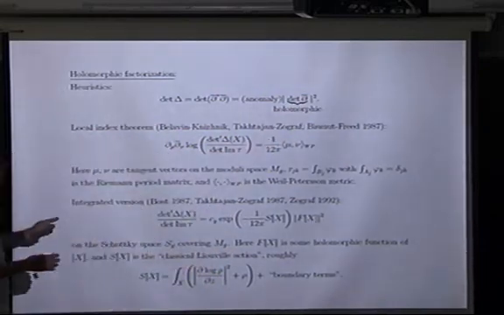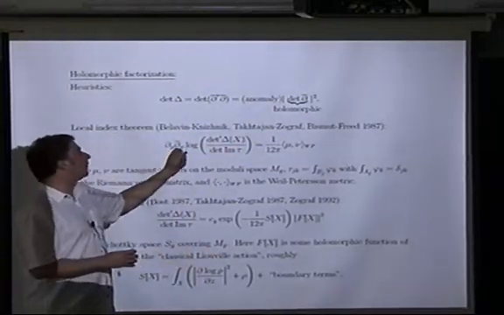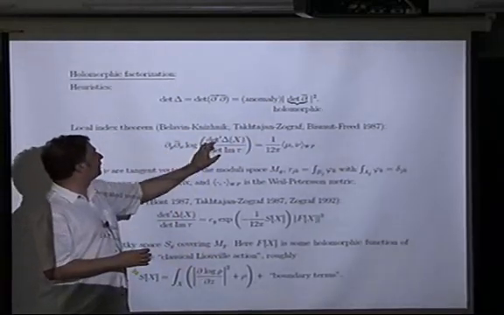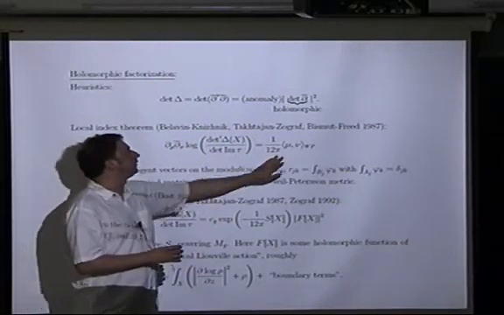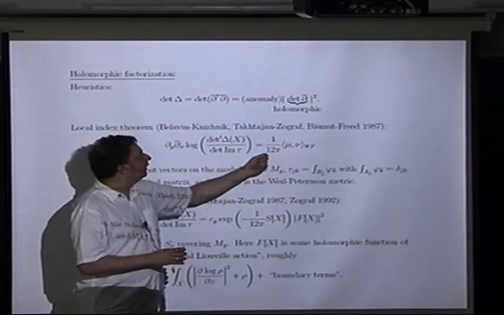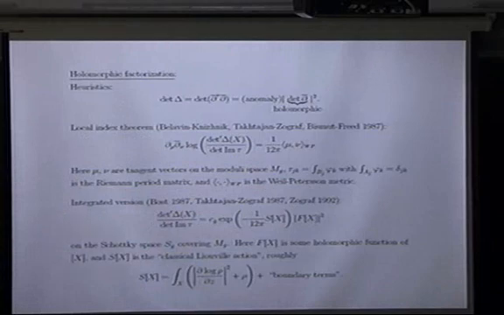That would be 0. So if this worked out perfectly, you would expect that dd bar of log of this quantity would be 0 here. So that this is expressing dd bar log of the anomaly.